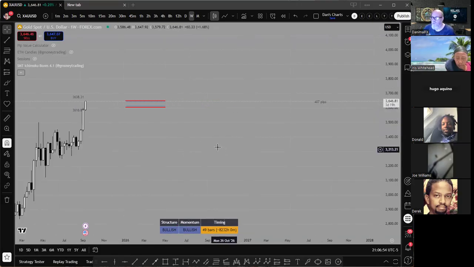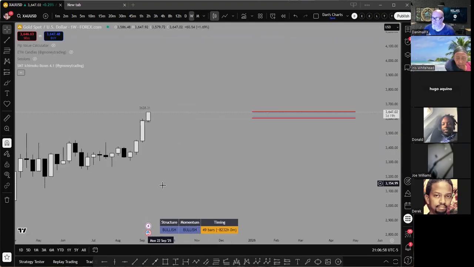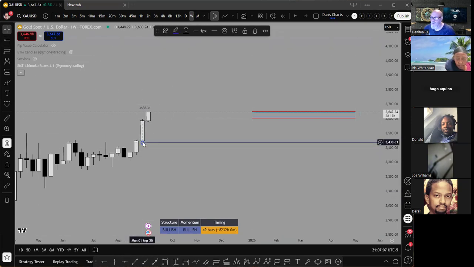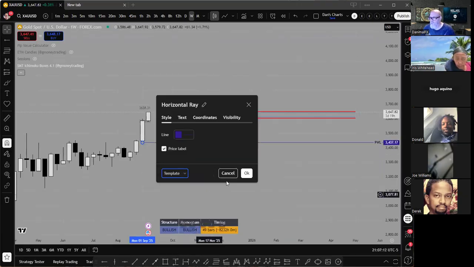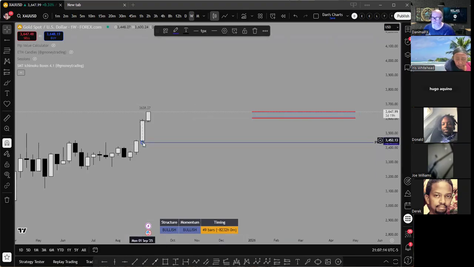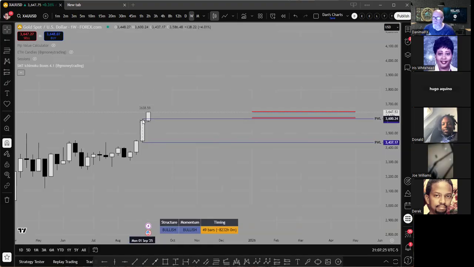So if we're going to do our weekly, in our weekly calendar, previous weekly candlestick, we start by taking our line, our ray or whatever, and we set it to our previous weekly low. And we can drag it to the top by holding the control button, dragging up a copy to the top.